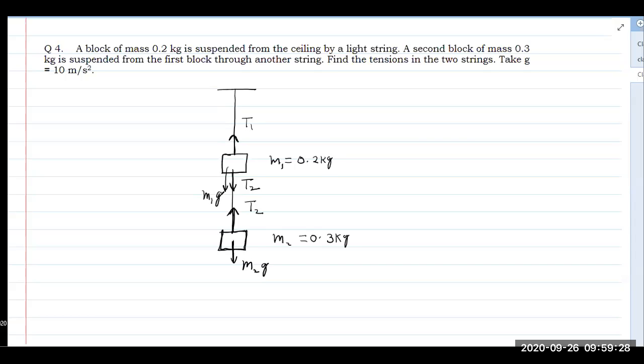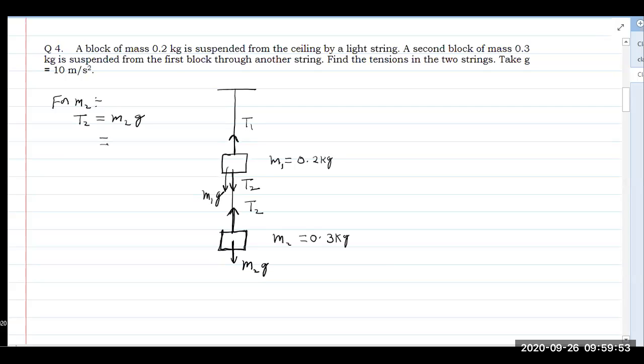So first we can write for M2. What are the different forces? M2g downward and T2 upward. These two forces are balanced because there is no motion. The particle is in equilibrium. So T2 upward will be equal to M2g downward.